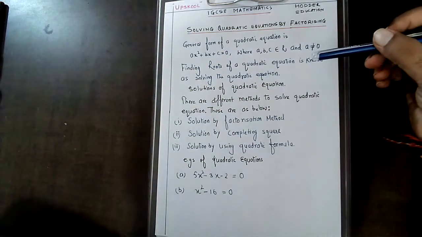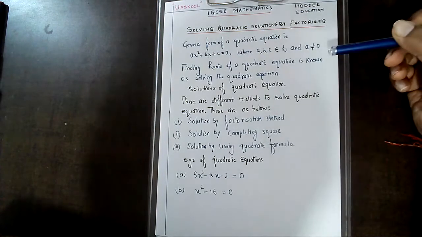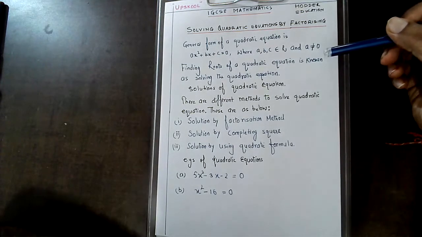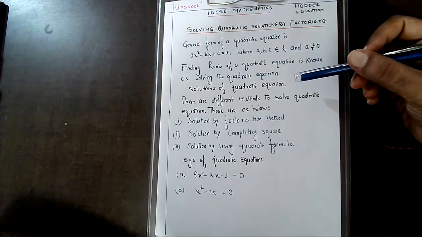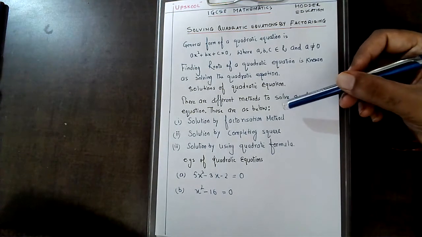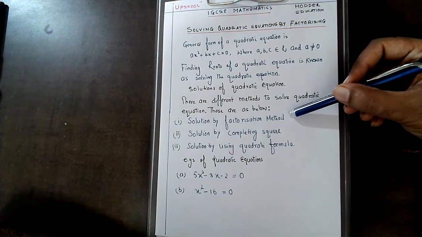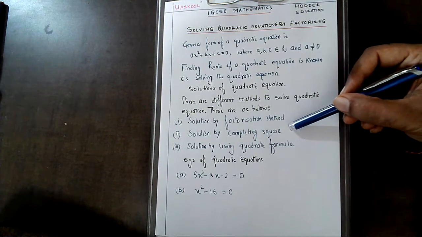Finding roots of a quadratic equation is known as solving the quadratic equation. There are various methods to solve a quadratic equation. They are as below. First is solution by factorization method that we will learn shortly. Second, solution by completing square method.